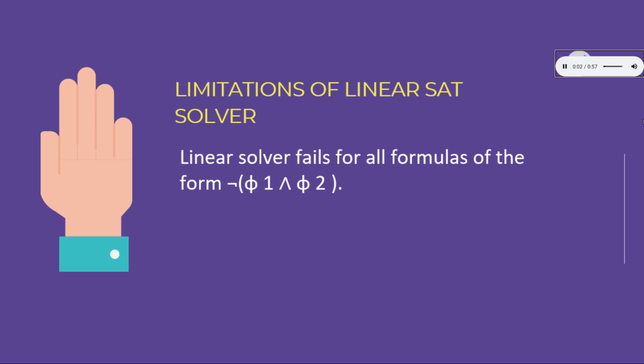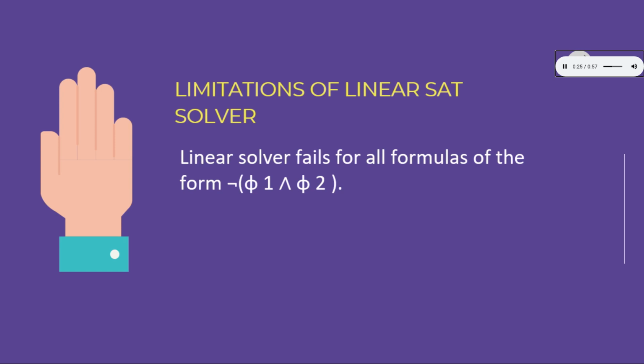You must be thinking about the limitation of the linear SAT solver. Since the 3-SAT problem is NP hard, clearly there have to be some clauses which cannot be solved using the linear SAT solver. Otherwise, we could have solved any SAT problem in linear time.